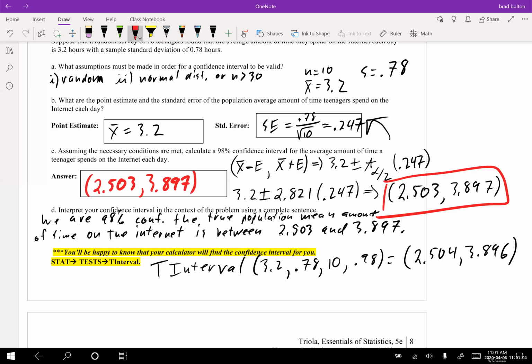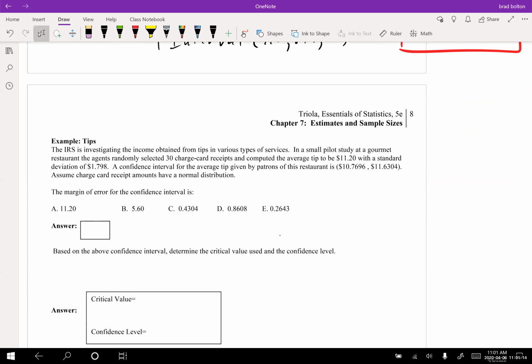That would be the calculator answer. And as you can see, it's really darn close to our other answer. So you can do it both ways. I just wanted to show you by hand using the table, but you could also use your calculator as well.